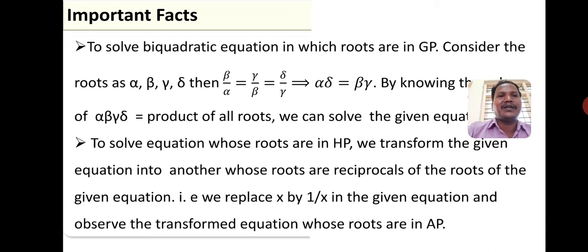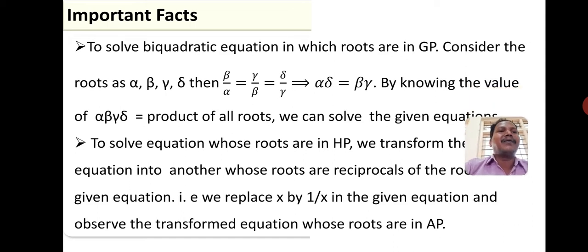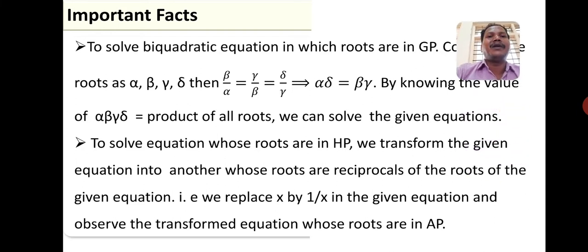Then the ratio beta by alpha equals gamma by beta equals delta by gamma, which implies alpha into delta equals beta into gamma. By knowing the value of alpha, beta, gamma, delta equals product of all roots, we can solve the given equations.